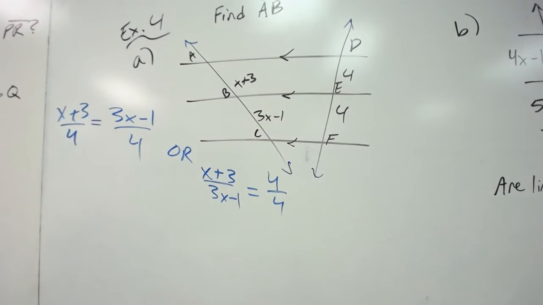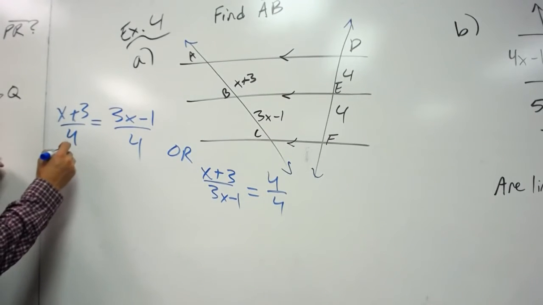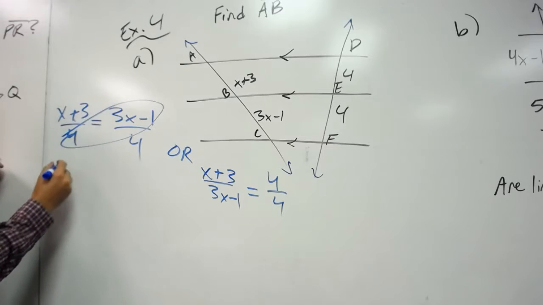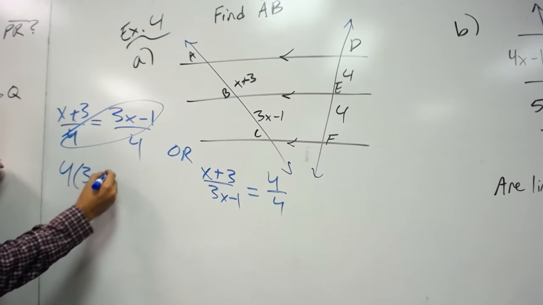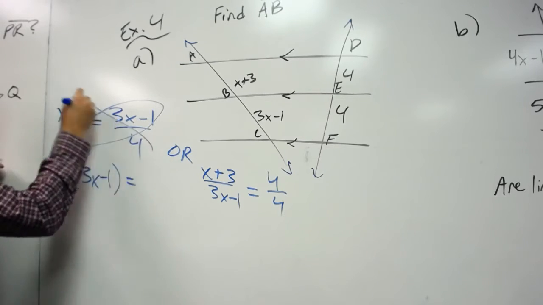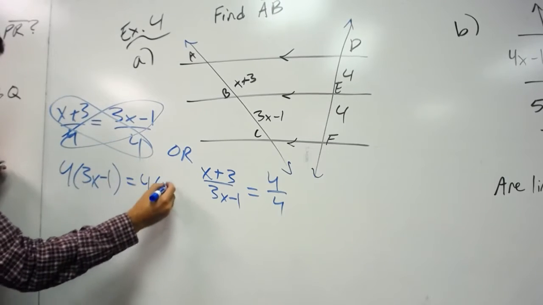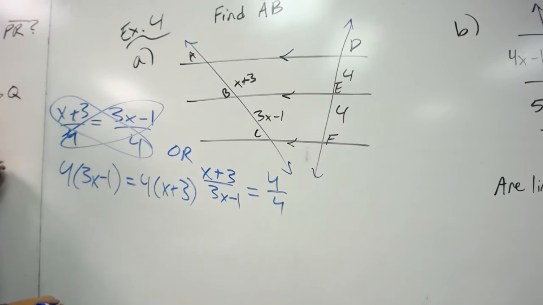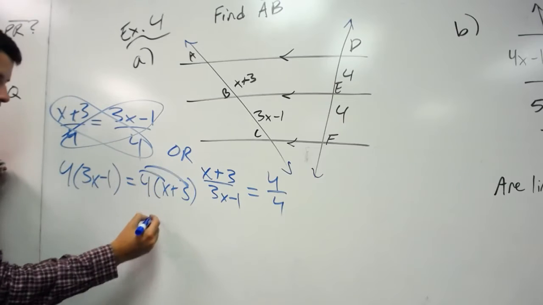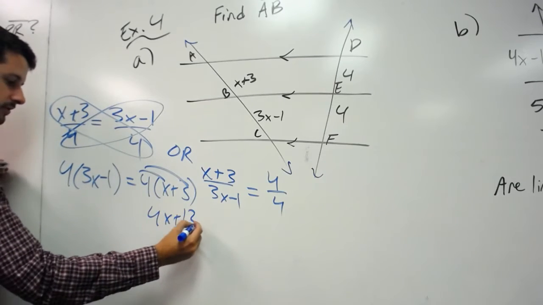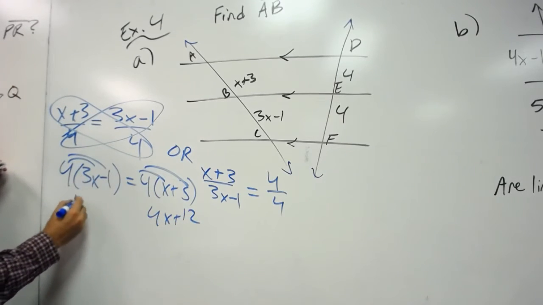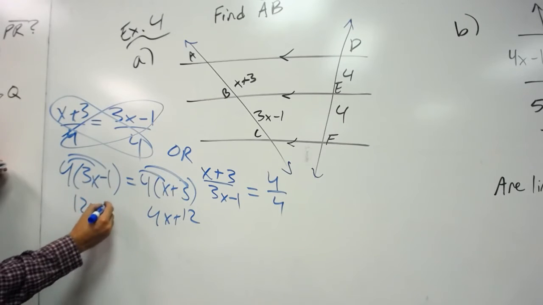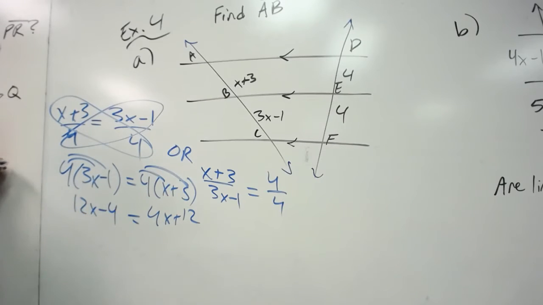So I'm going to solve for both. Let's do this one. 4 times 3x minus 1 equals 4 times x plus 3. We distribute: 4x plus 12, 12x minus 4. Set them equal to each other.